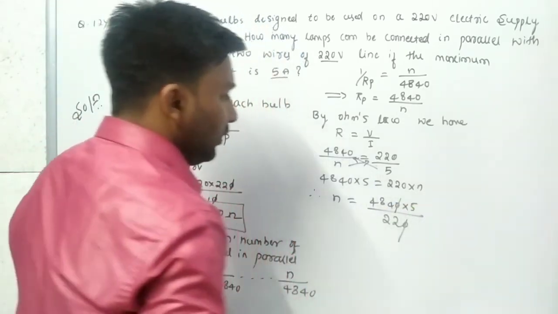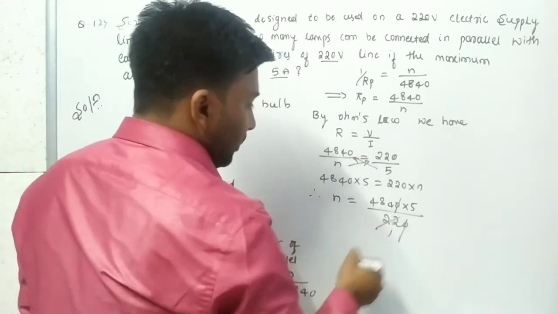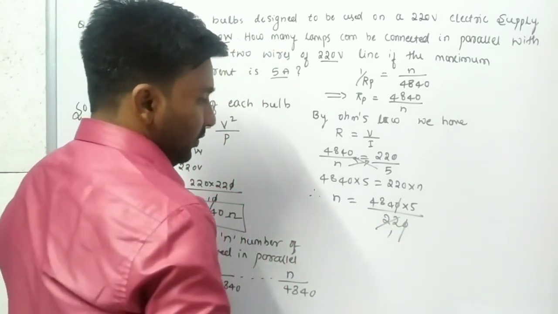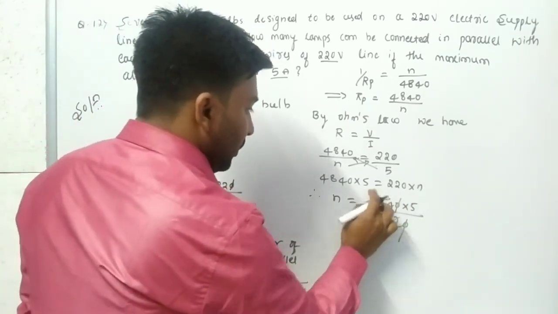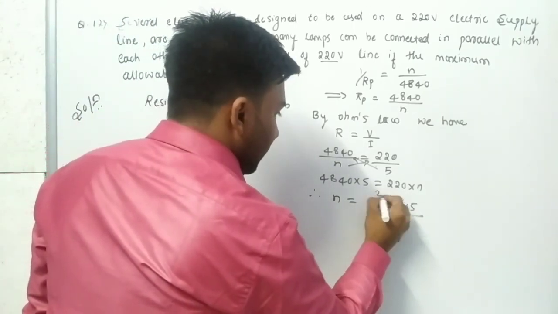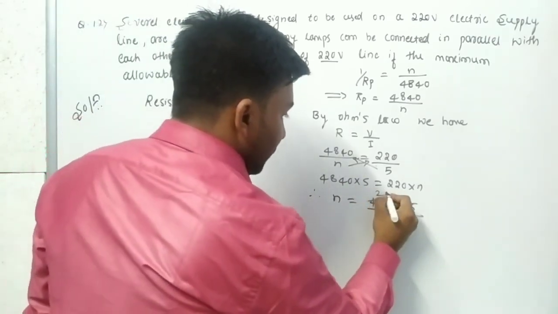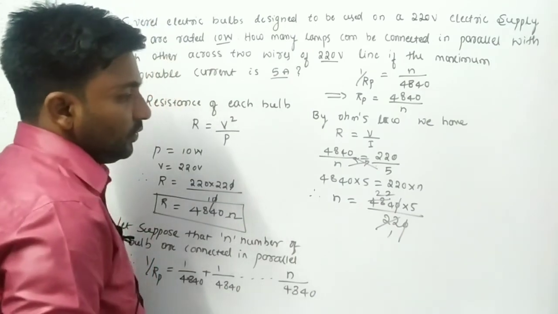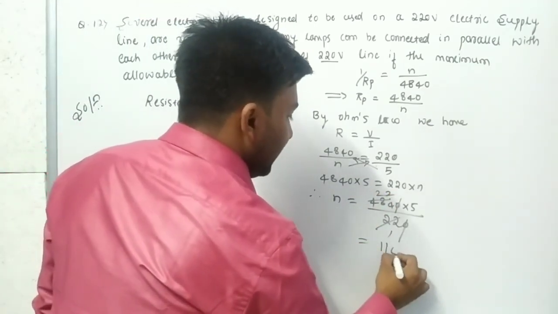Now 0 and 0 both get cancelled. 22 ones are 22, 22 twos are 44, and 22 twos are 44. So 22 into 5, it is 110.